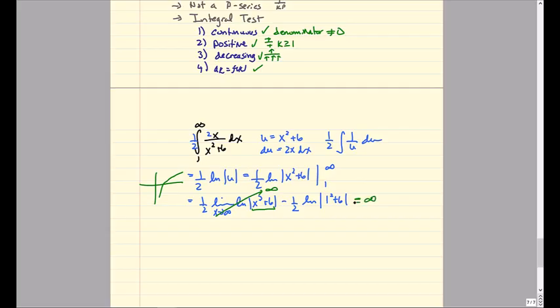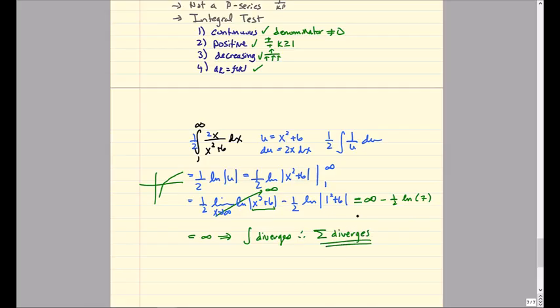So I get infinity minus 1/2 natural log of 7, which is just equal to infinity, which implies the integral diverges. Therefore, the sum diverges too.